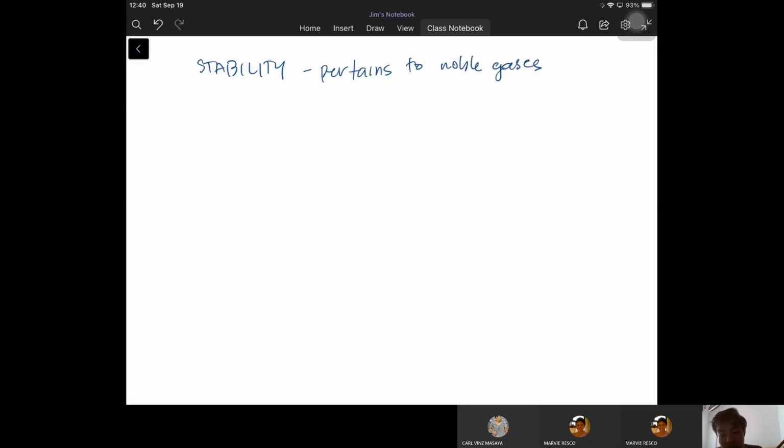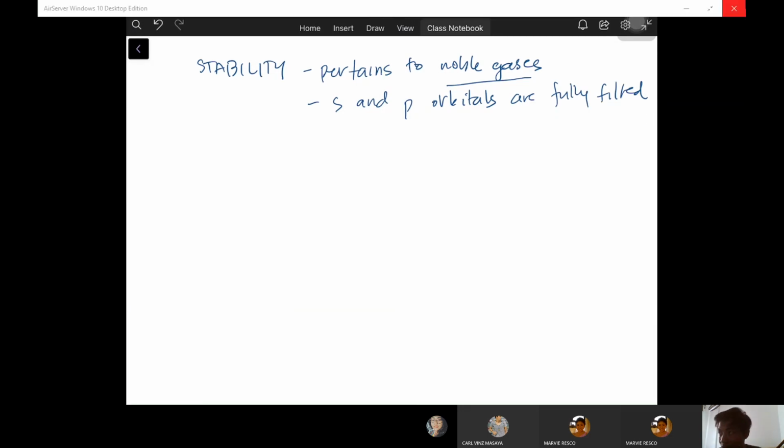So yung atoms, gusto nila maging stable. Gusto nila gayahin ang noble gases. So bakit uli sila stable? Because s and p orbitals are fully filled, hence hindi na sila magki-chemical reactions.